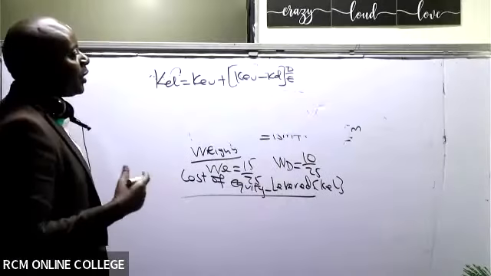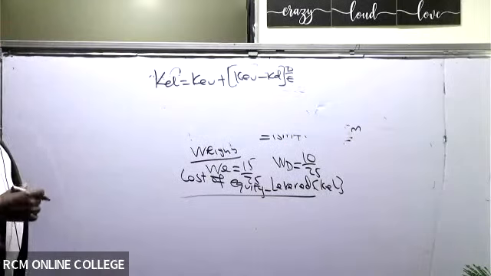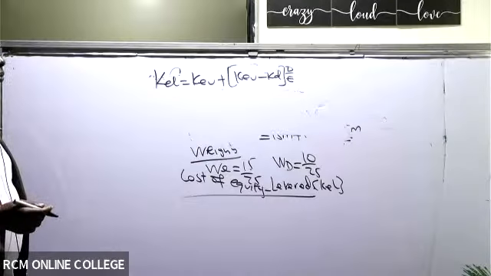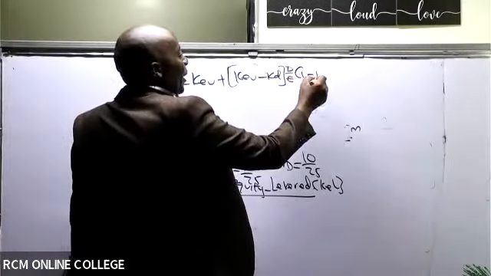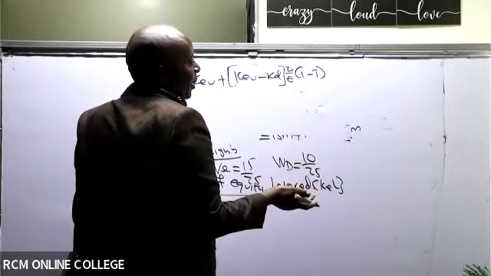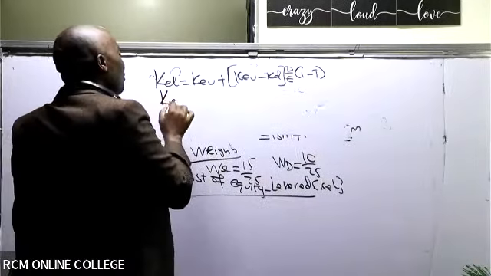The examiner has told us, hey, you don't have any tax here. No tax. If it was there, I would have said 1 minus tax, but it's not there. So then our KL will be equal to KU.